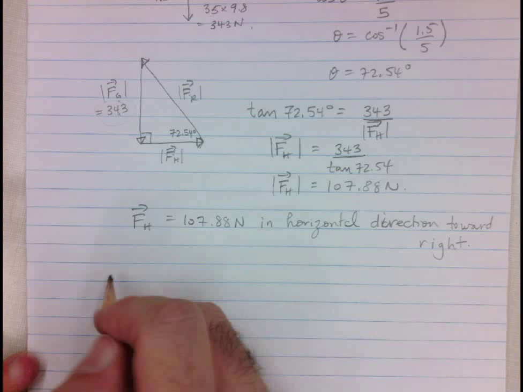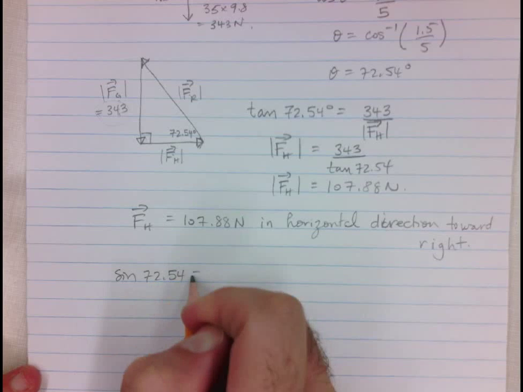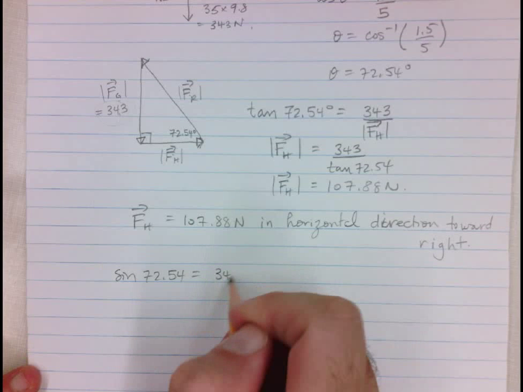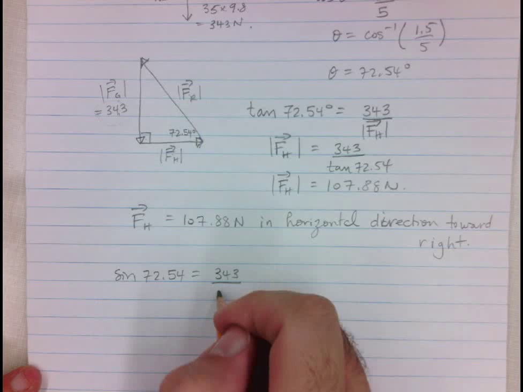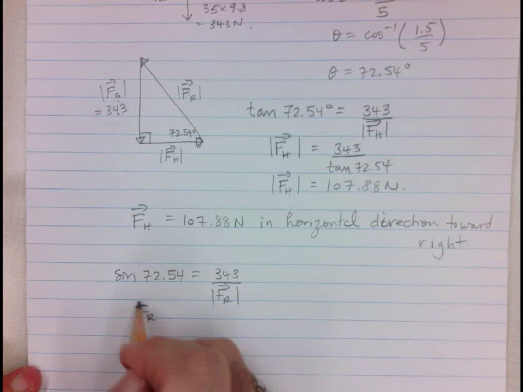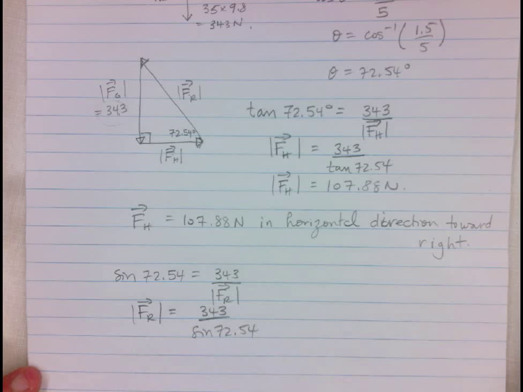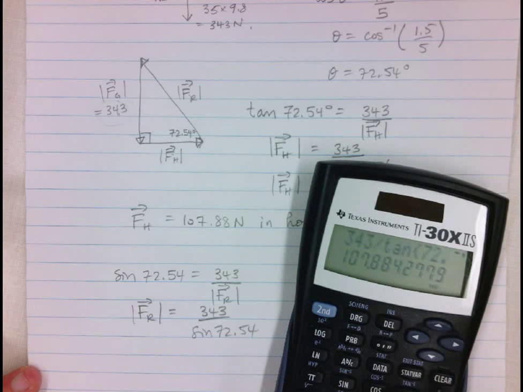So let's use sine of 72.54, which is equal to the opposite side, 343, over the hypotenuse, which is what I'm looking for. So the magnitude of FR is 343 over sine of 72.54. Let's calculate that here. 343 divided by sine of 72.54 is equal to 359.57.